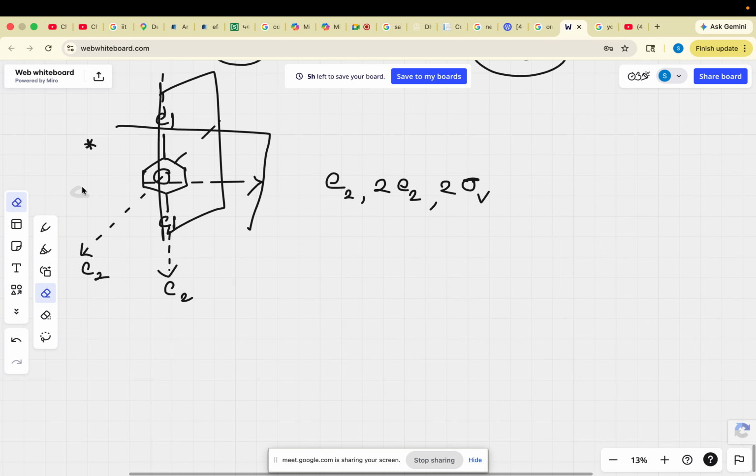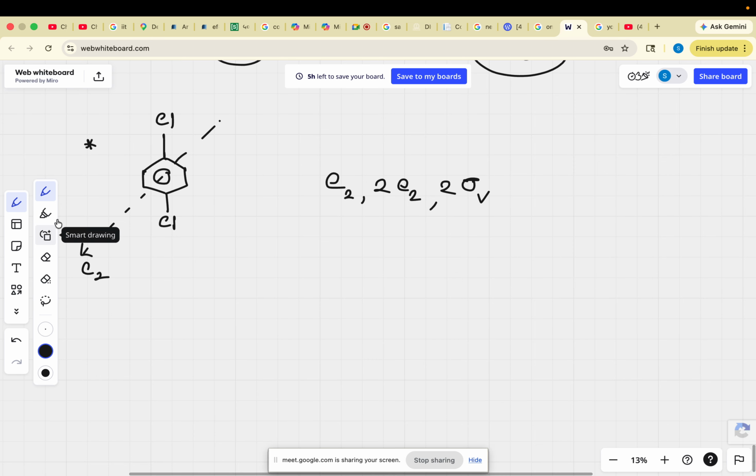Now if I think about this molecular plane, it is perpendicular to your C2 axis, and that is your sigma h.